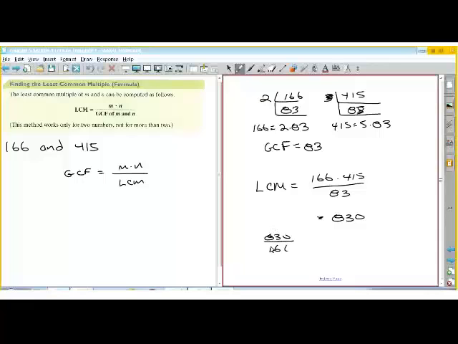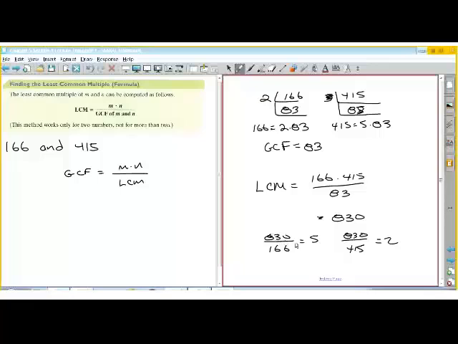So 166 times 415 divided by 83 is 830. And you can check: 830 divided by 166 gives 5, and 830 divided by 415 gives 2.